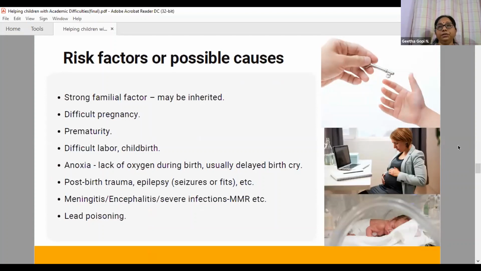A difficult pregnancy, if the mother has had physical or emotional trauma or other illnesses like hypertension or high diabetes, etc., or severe infections, these kinds of difficult pregnancy issues can also be possible risk factors to having children who may be born with some kind of neurodevelopmental difficulties. And this ultimately may also cause a problem in acquiring academics when they enter school.